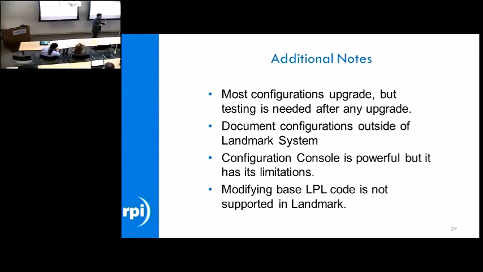And so it's all about how much experience you have. Once you start to get experience and start to be able to make those changes, they become easier. And then finally, modifying base LPL code is not supported in Landmark. You can actually go and modify that LPL code, but it's not supported. So you have to use configuration console to make changes to your application.